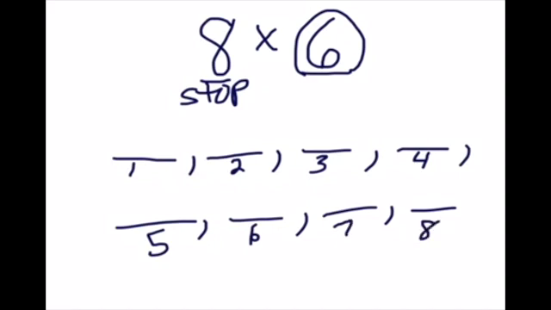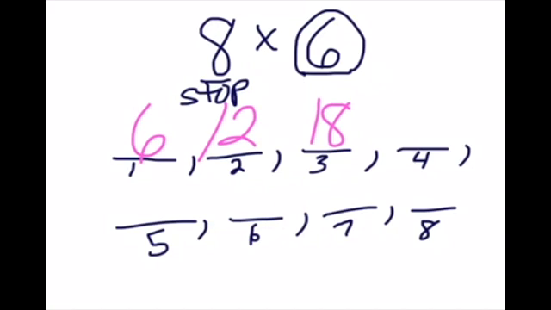If you counted by 6s, where did you start? Should have started with 6. And then after 6 we get 12, and then we get 18. And then we get, what would be that 4th one?